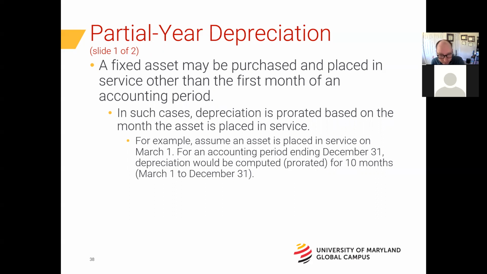So let's assume that we purchased our asset and we put it into service on March 1st. That's clearly not June. That's clearly not January 1st. So 2 months have already passed. So we prorate it. It's kind of like when you move into an apartment in the middle of the month, they're going to prorate your first month rent.